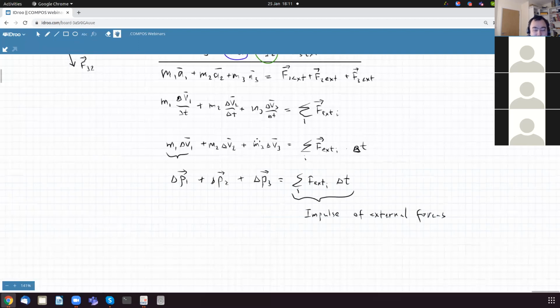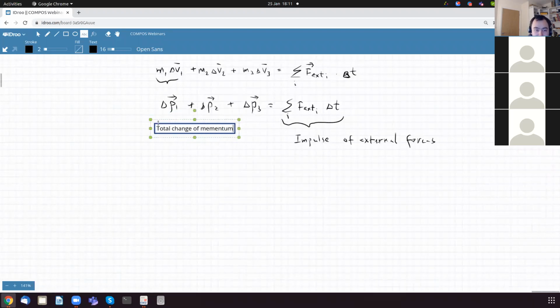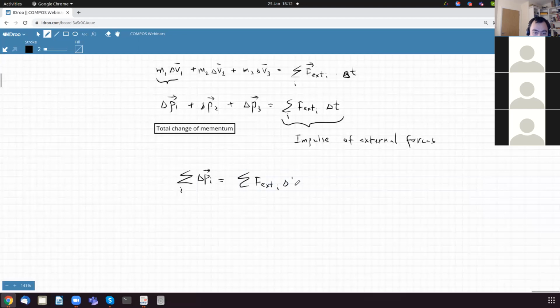And this is the total change in momentum of the system. So therefore, I can finally write down that the total change in momentum of the system is equal to the sum of the external forces times delta T.